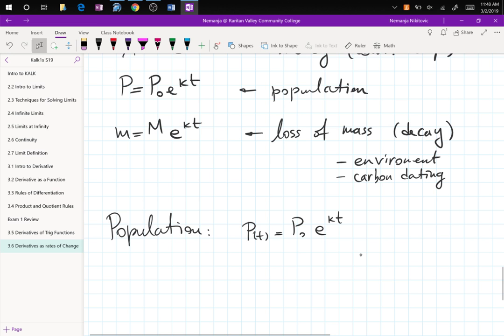I just Google population clock, which doubles as the doomsday clock. And if you go to this website, you see the population changing.